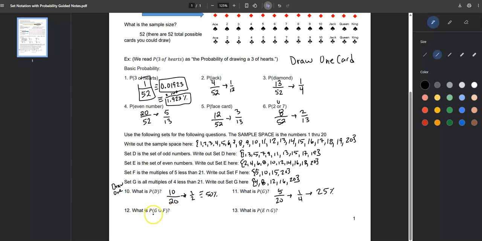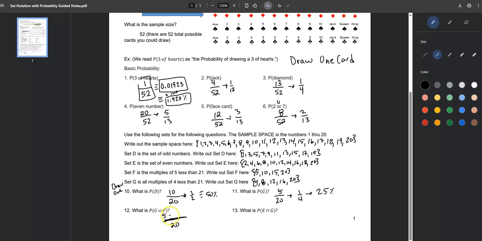So this is, what's the probability of getting something from set G or F. Now, we don't want to double count. That's the hard part. Our denominator is still going to be 20, but we do not want to double count anything. So here's how I do it. I just say, okay, what's part of G? How many numbers are part of G? There are 5. How many numbers are part of F?